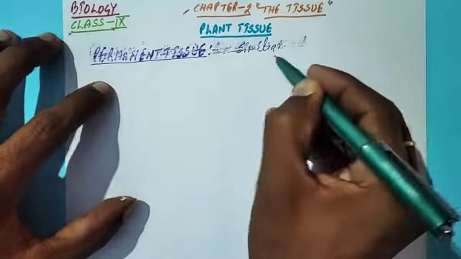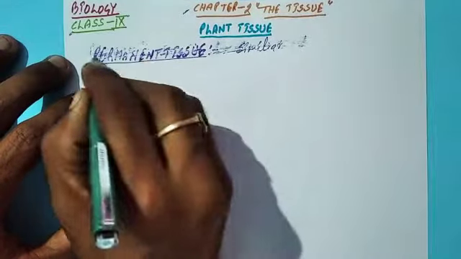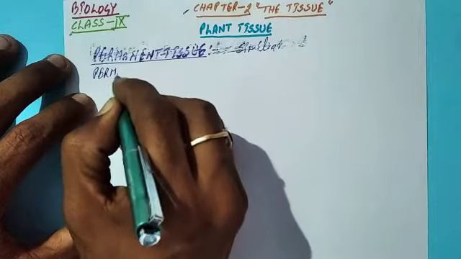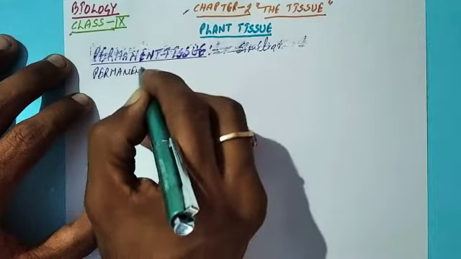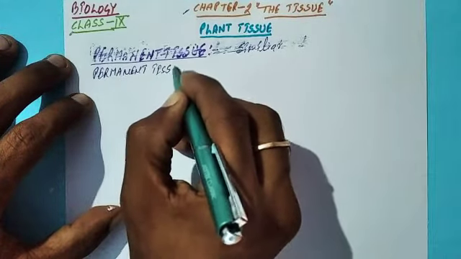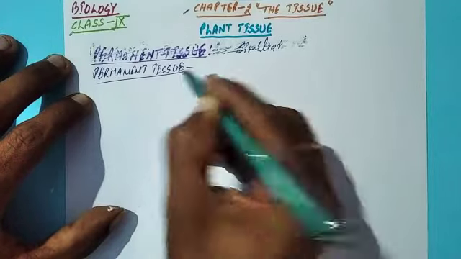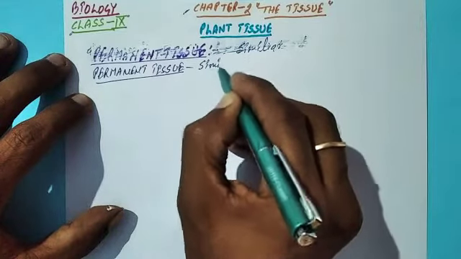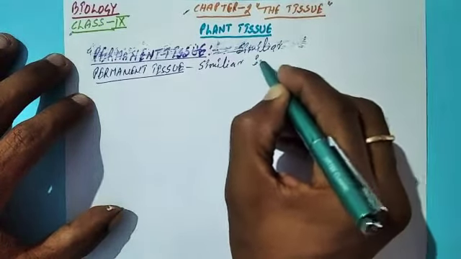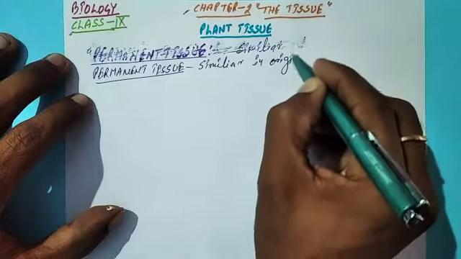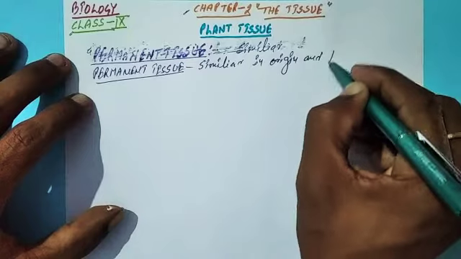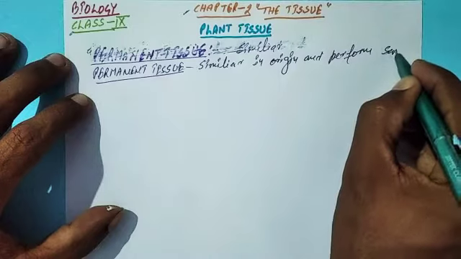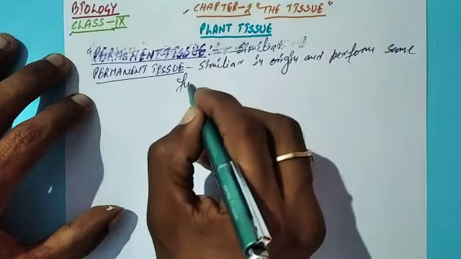I think this is not seen properly, that's why I write here: permanent tissue, similar in origin and perform same function.